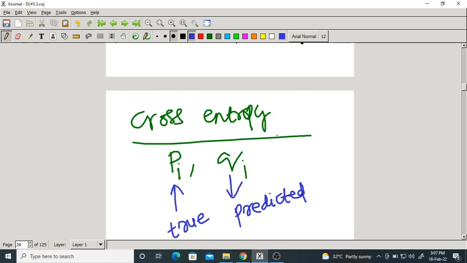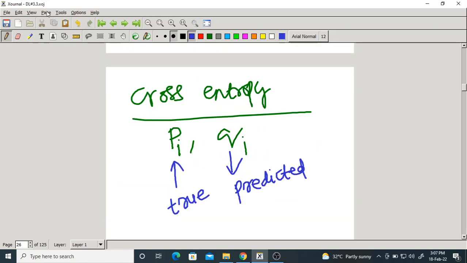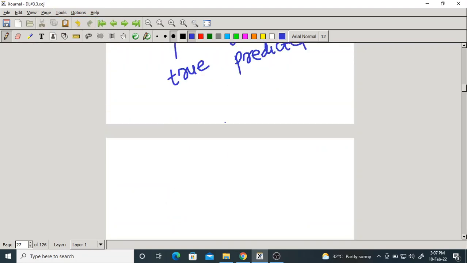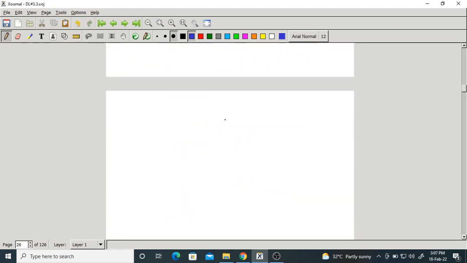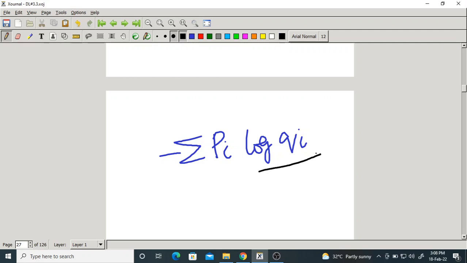So what is the better way of writing the cross entropy? You write this as minus summation P(i) log Q(i). Here Q(i) is the predicted probability and P(i) is the actual probability. P(i) into log Q(i). This is called cross entropy.